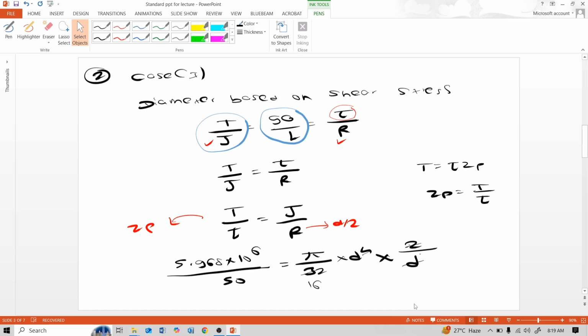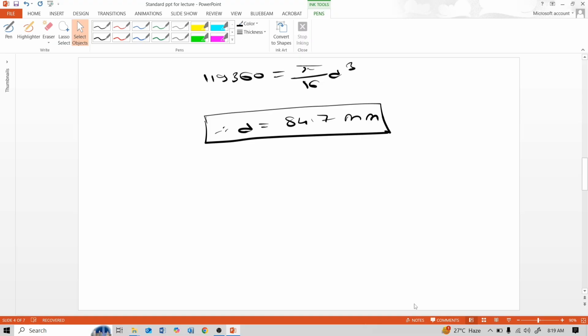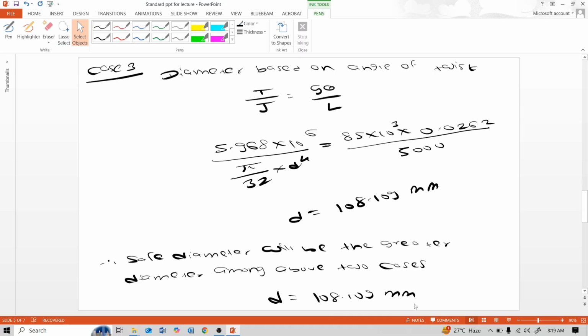Based on shear stress the diameter comes minimum, and based on angle of twist the diameter comes maximum, and we considered the maximum diameter for safety purposes. This maximum diameter we got from the angle of twist. So thank you very much.